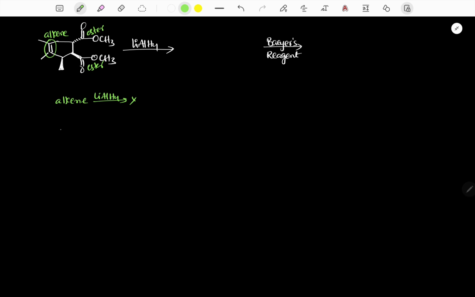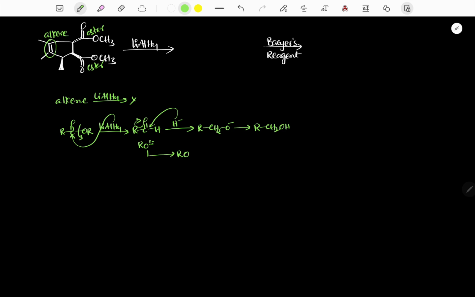But when the carboxylic ester is treated with lithium aluminum hydride, initially it forms the corresponding aldehyde and alkoxide through nucleophilic substitution. Again it reacts with another mole of H minus, and finally it gives the corresponding RCH2O minus. If I take acidification as granted, the corresponding product is a primary alcohol, and here the corresponding product is alcohol. So these are the final compounds.